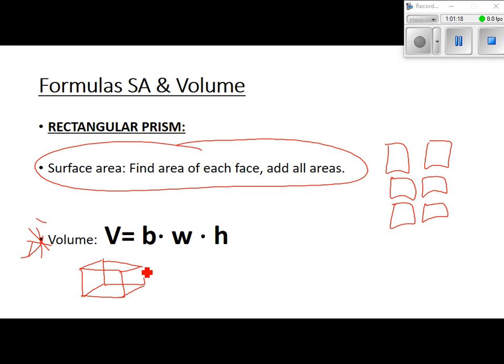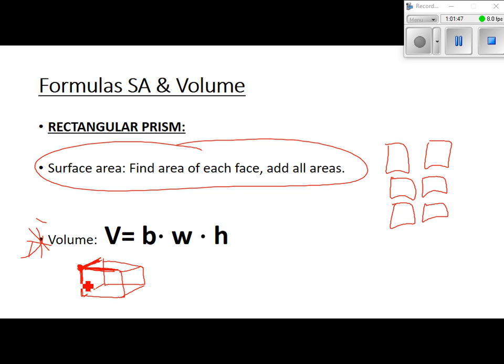For base, height and width, you pick one corner. How many segments come together at that one corner? Three. One of them has to be your base, one of them has to be your height, and one of them has to be your width. Doesn't matter which one is which, but where they come together, there's three of them always, one of each of those.